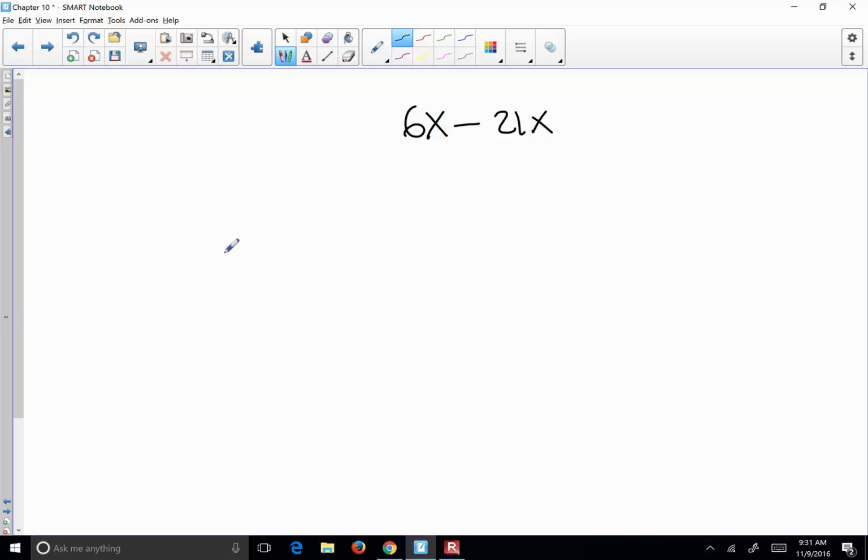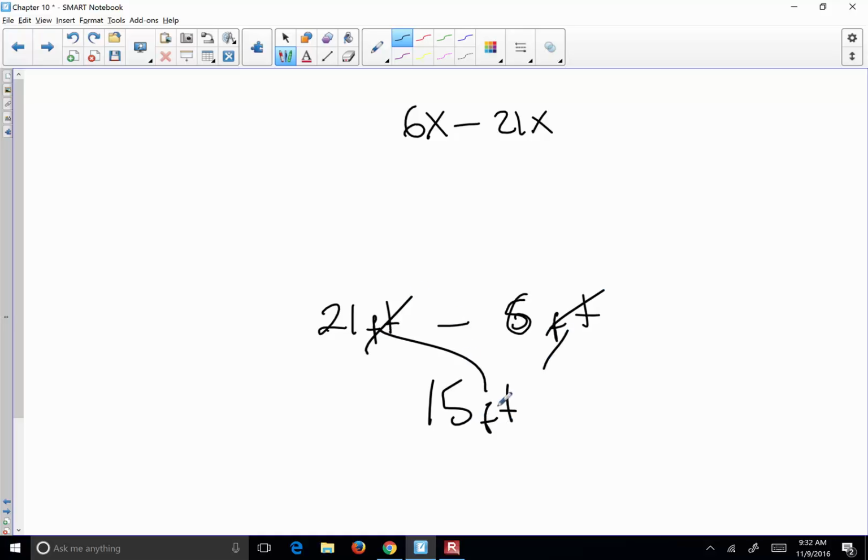Or just in real life, you have a 21 feet long stick and a 6 feet long stick. When you subtract these 21 and 6, you still put the feet symbol here, right? But you don't subtract the feet and cancel them.